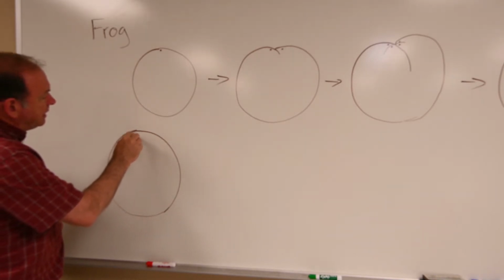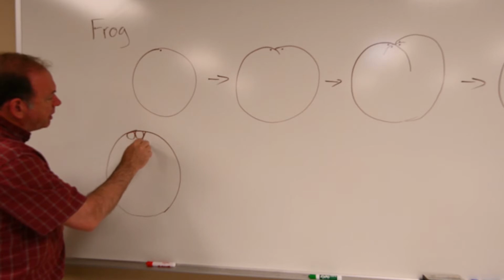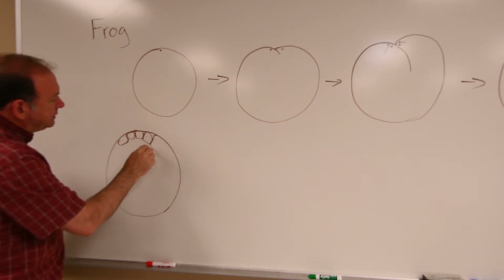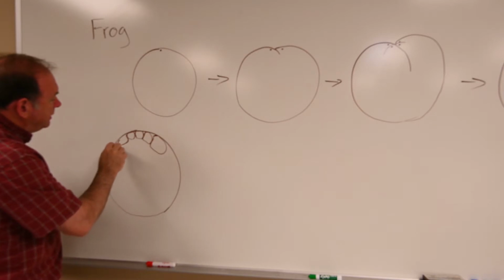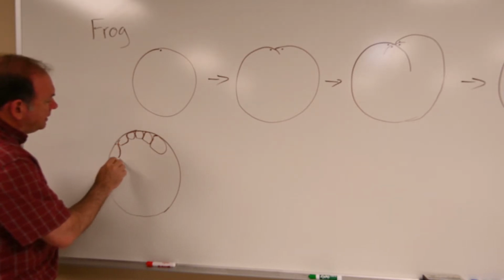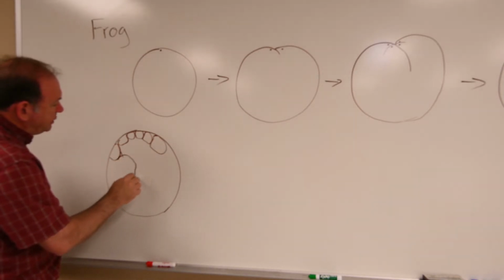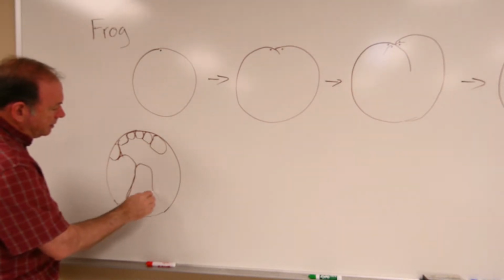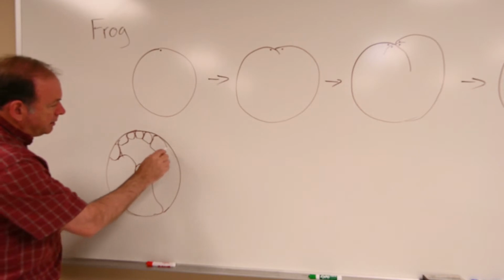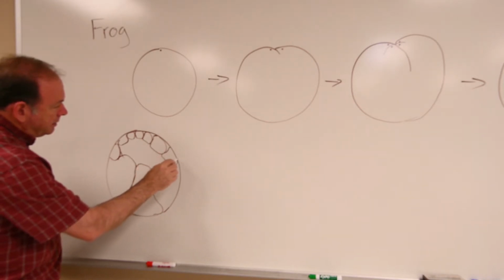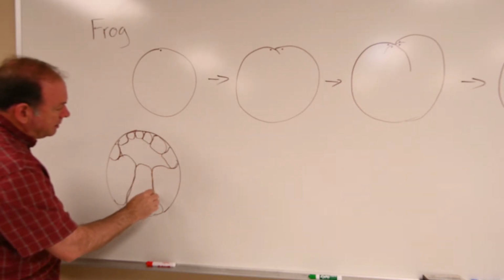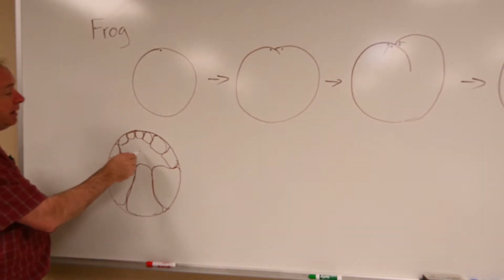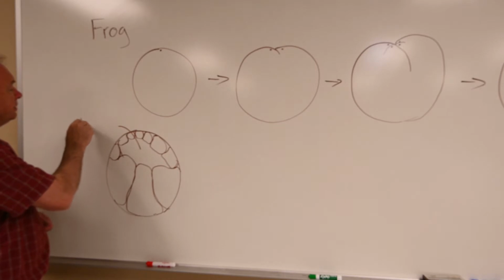So here inside the blastula stage, we've got smaller cells up here at this end. And we start to see the separation of the cells, leaving a cavity right in here. So here's our blastocoel cavity.